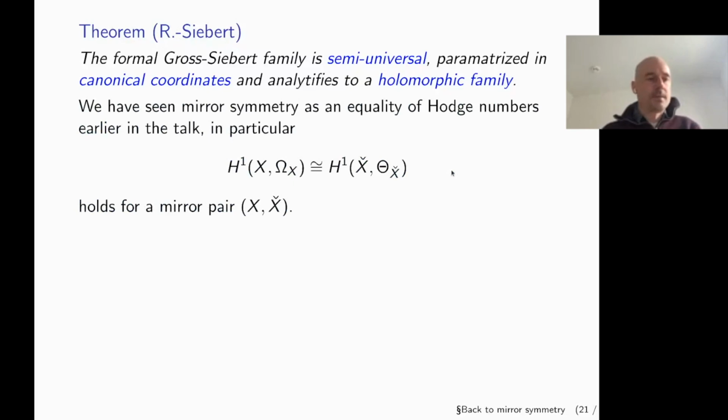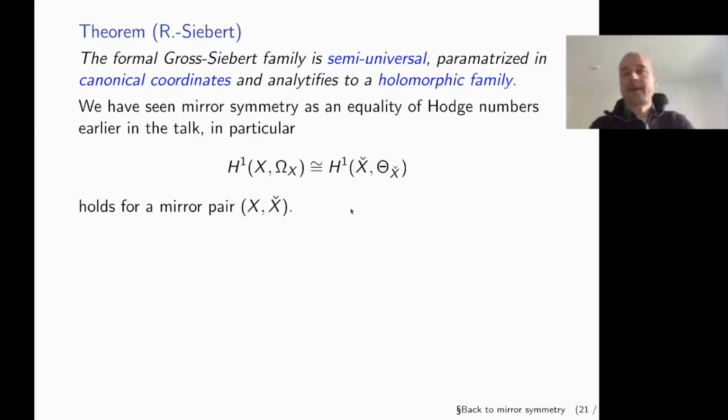Let me go back a little bit into why this is meaningful for mirror symmetry. In mirror symmetry, I started out with showing the diagram with the Hodge numbers, and there's the symmetry in the vertical axis, and it means that some Hodge numbers of two Calabi-Yaus are equal. You can translate it directly into this equality.